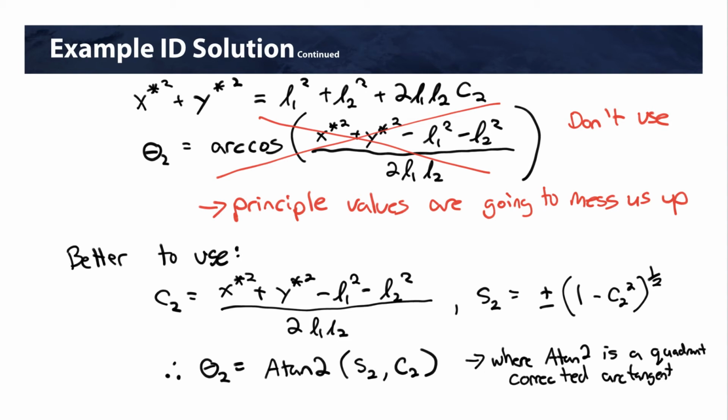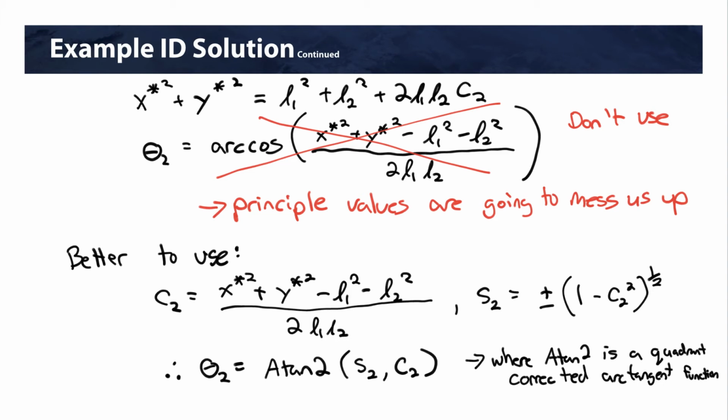A lot of programming languages, things like MATLAB, have an arctan2 function. What it does is it looks at the signs of these two terms, and based on the sign, it returns the correct angle in the right quadrant. So you'll want to use this arctan2 function when you do robotics.